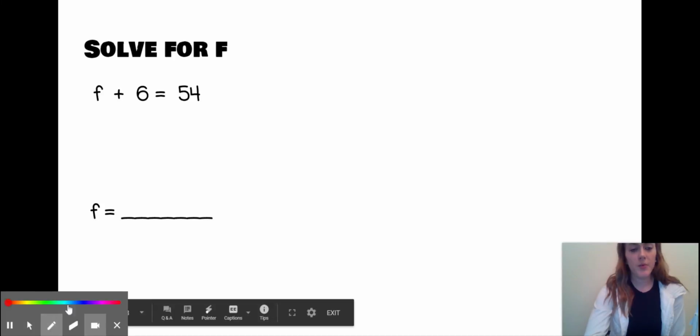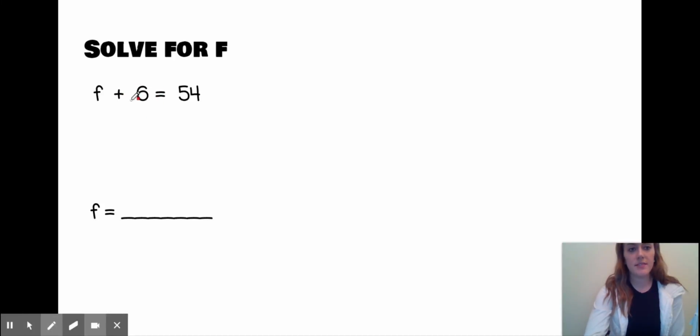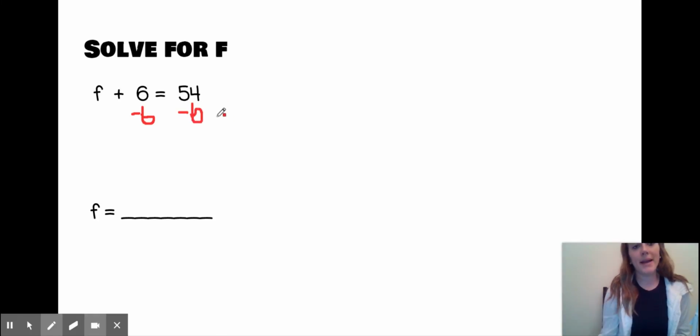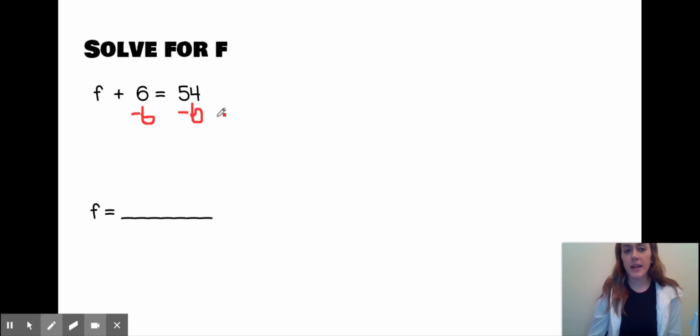So a trick to solve that is to do the opposite of what it's asking us. If it's asking us to add, we're going to subtract the known number, which is 6, from each side. So in this instance, I'm doing 54 minus 6. 54 minus 6 is 53, 52, 51, 50, 49, 48.